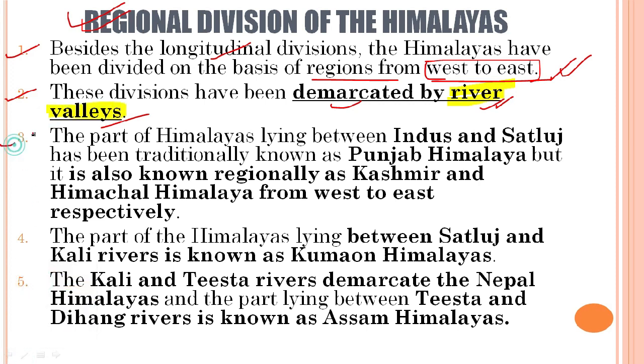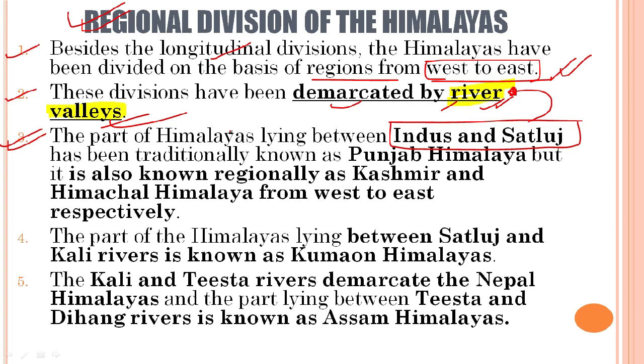Now we go to third, and we see the part of the Himalayas lying between the Indus and Satluj. Students, connect this to point number 2. We have already seen that these regional divisions are demarcated by river valleys. So river valleys will play an important role. Now we see the river valley of the Indus and Satluj. Let us read the point again.